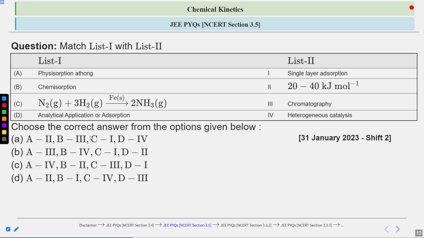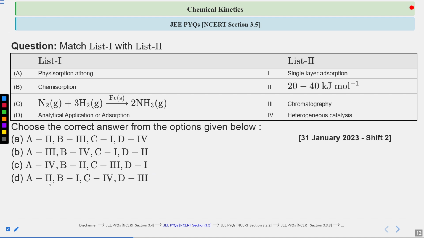The options provided are: A is connected with the second, B with third, C with first, and D with fourth. Or A is connecting with third, B with fourth, C with first, and D with second. A is connecting with fourth, B with second, C with third, and D with first.